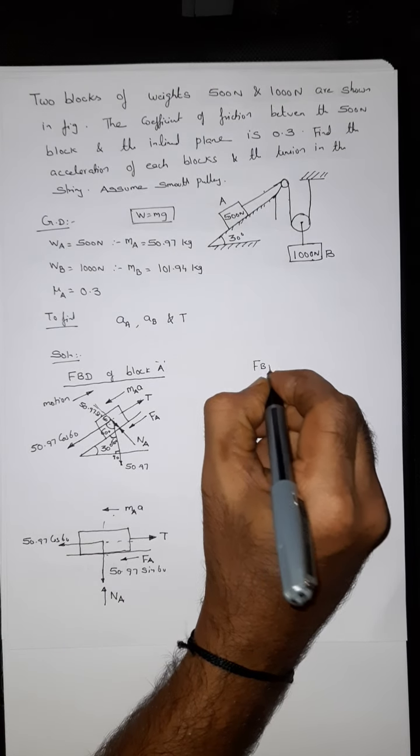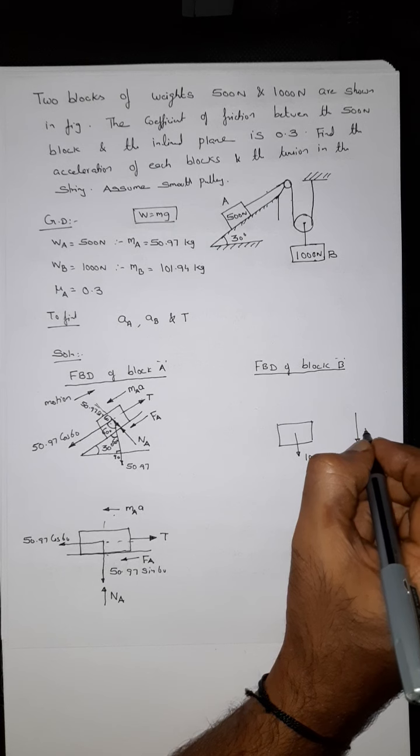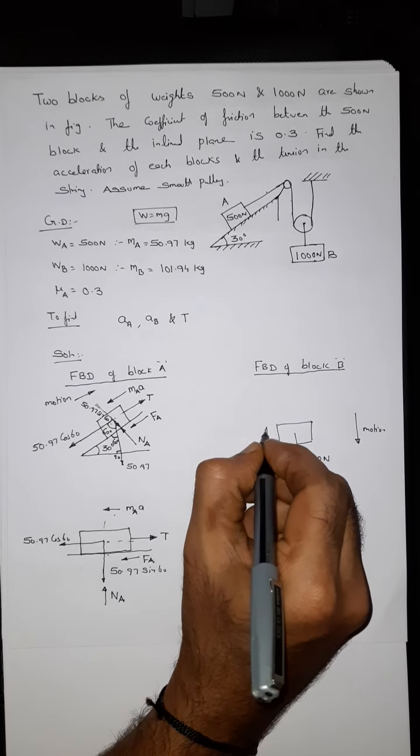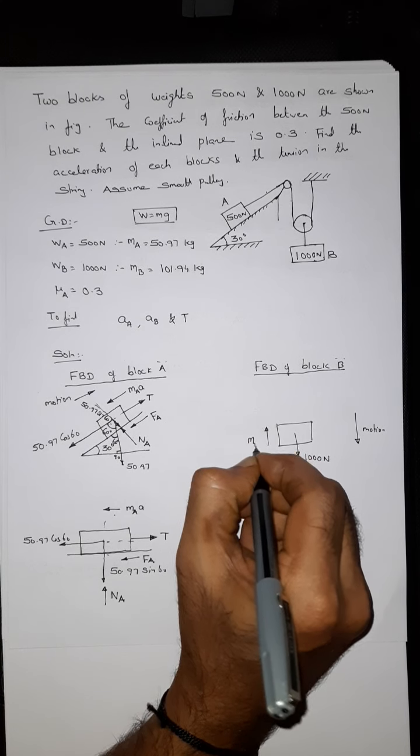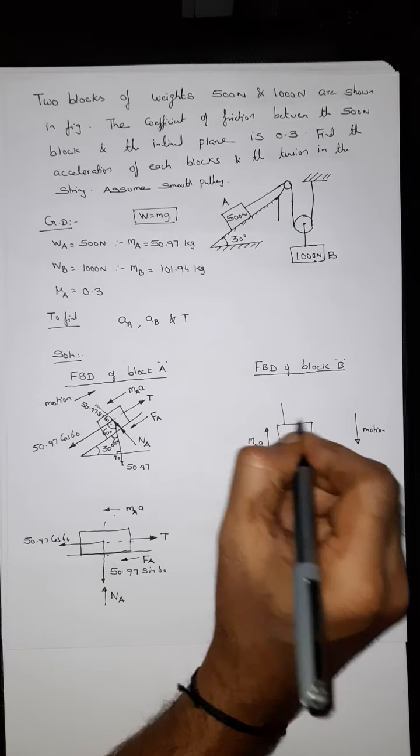And let me draw the FBD of block B. The weight is acting vertically downwards. Here the motion is vertically downwards. Therefore, its inertia force will act in the opposite direction of the motion. There is a tension.